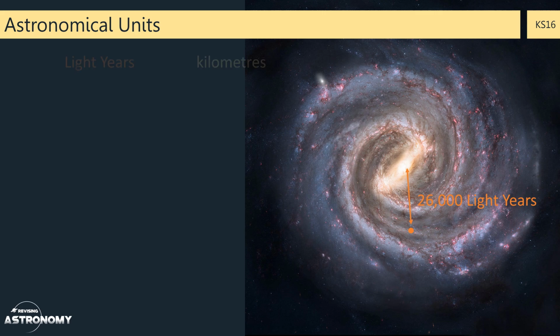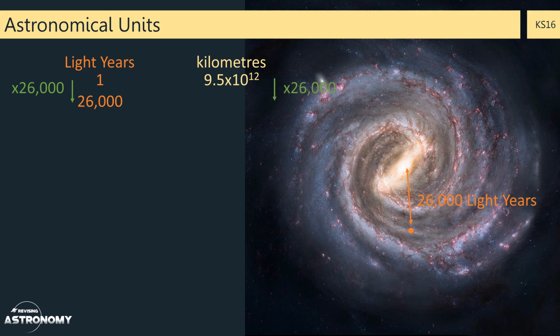Now we know that one light year is approximately 9.5 times 10 to the 12 kilometers. That's a big number. This is in the datasheet, so you don't need to remember it in the exam. So if we have 26,000 light years, then we need to multiply both sides by 26,000. This means that 26,000 light years is equivalent to 2.47 times 10 to the 17 kilometers.